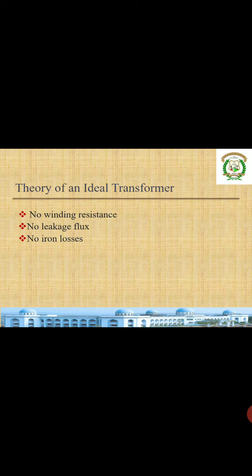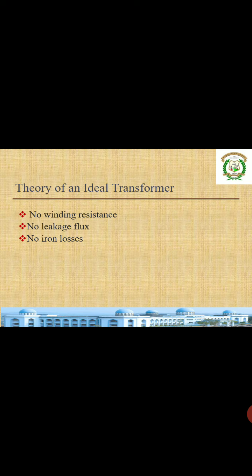What do you mean by ideal transformer? Usually, this ideal transformer does not exist in practice, but it is an imaginary concept which is required to analyze the actual practical transformer. So, what is the theory behind the ideal transformer?